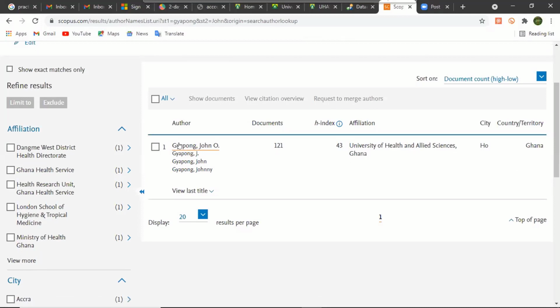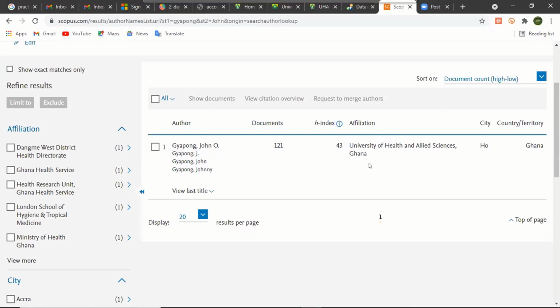But the preferred name order is Japon, J-O, or John O, all right? There's also Japon J, other articles Japon J, John or Johnny. You can see all these alternatives. So if I really want to go into details about his outputs and analytics, I'll have to click on the name. But right from here, you can see a snapshot.